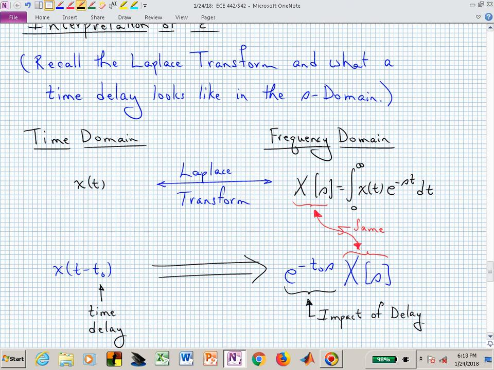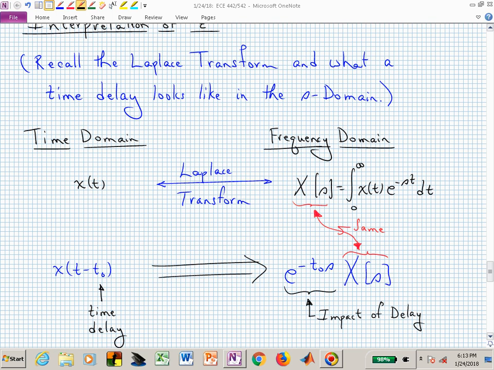To move into the frequency domain, we simply have to scale that original transform, capital X of s, by this complex exponential e to the minus t sub 0 s. T sub 0 was a fixed quantity. That was our fixed delay amount. S, again, is our complex frequency variable.